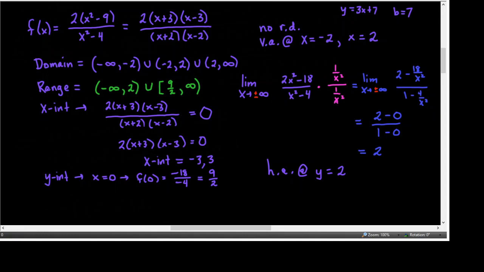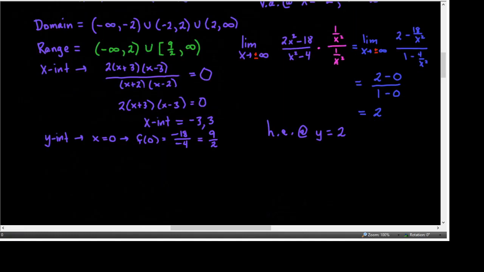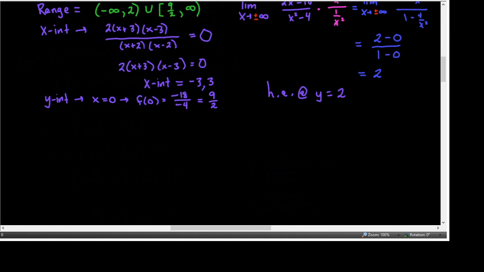Okay, symmetry. The test for symmetry. Let me tell you what the test is first, and then we'll perform the test. So this isn't actually part of the work for this problem. I'll box it in a second. There are two types of symmetry that we're going to test for.